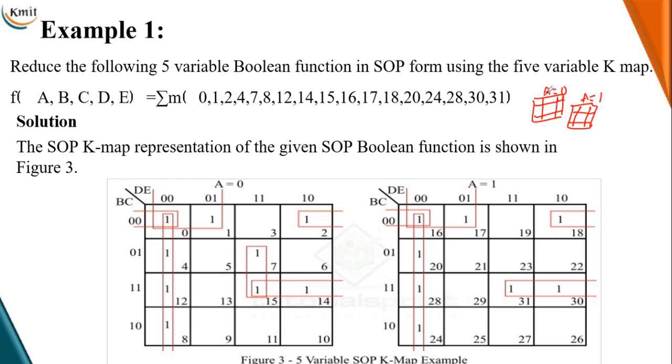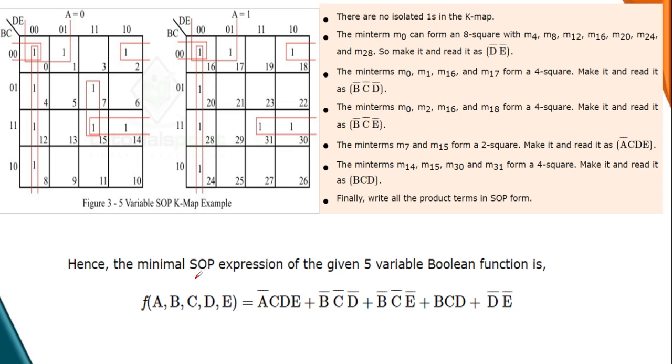Only the variable difference is A is 0 on the top layer and A equal to 1 on the bottom. So these 16 cells, 0 to 15, have A equal to 0, and cells 16 to 31 have A equal to 1, where 31 is the last cell of the bottom layer. Now upon your mapping, next we will go for cell adjacency by checking for large groups.